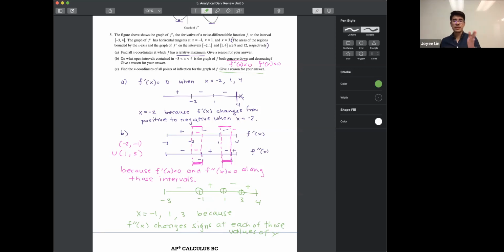As of this, we're going to stop derivatives, and tomorrow we're going to start doing some basic integration as well as some applications of integration now that you know your derivative stuff. Any thoughts, any questions?